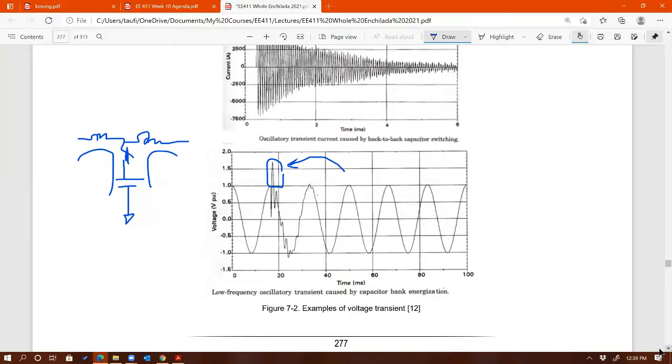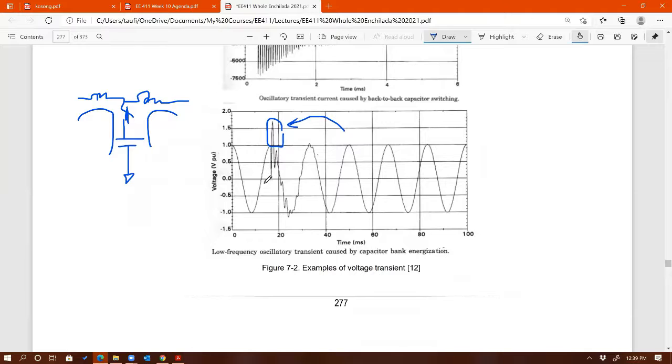Okay, and one way to avoid it is by turning on the capacitor at zero crossing. Peak of the sine wave, that's the worst case for you to turn on the capacitor, for you to connect a capacitor into a power line. That's going to give you the largest possible energy to the resonant ringing, right?